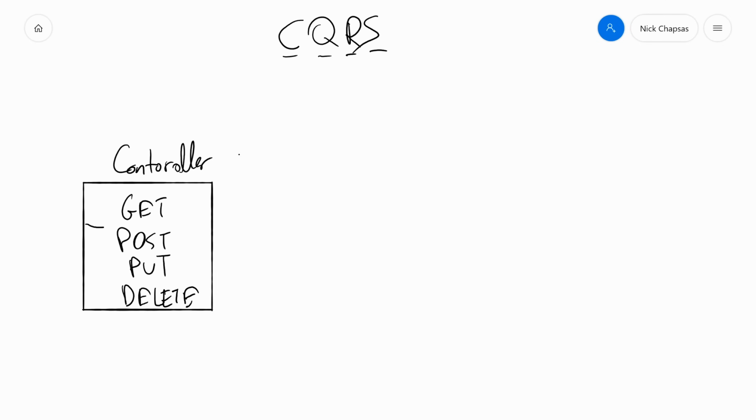I'm going to draw a line here, and I'm going to say that everything that's get, potentially head as well, anything that doesn't mutate data, is not supposed to mutate data, just a query for some data, falls over to the query area. And everything underneath that, post creates, put updates, delete deletes, in the RESTful area anyway, I'm going to classify this as a command.